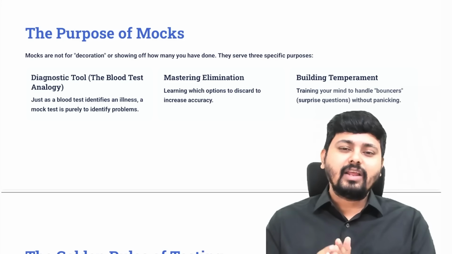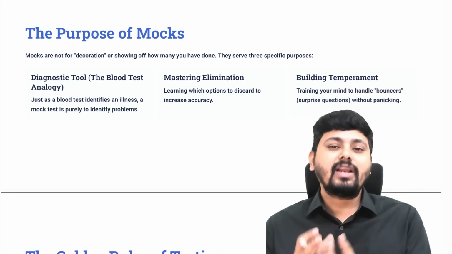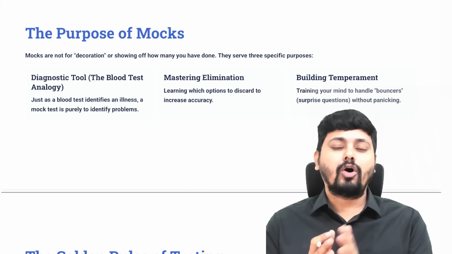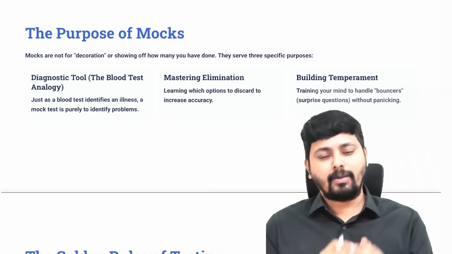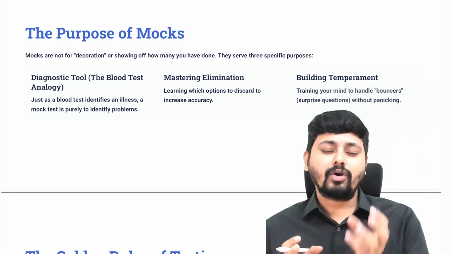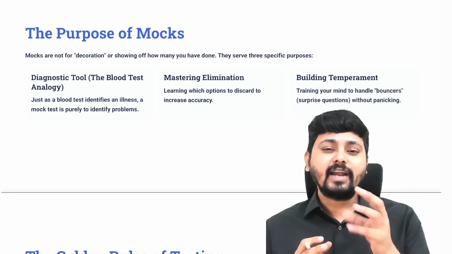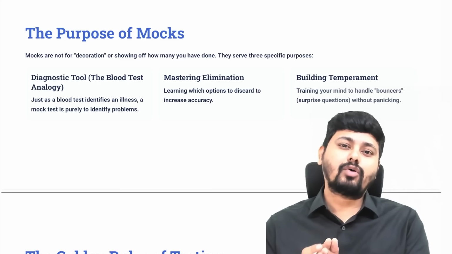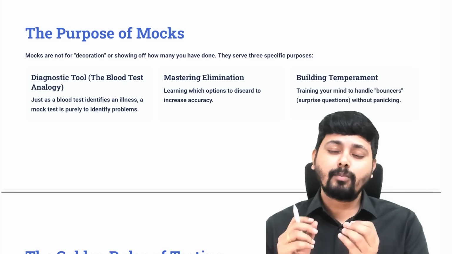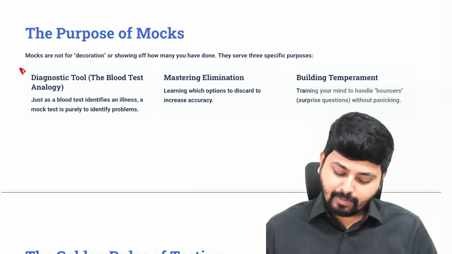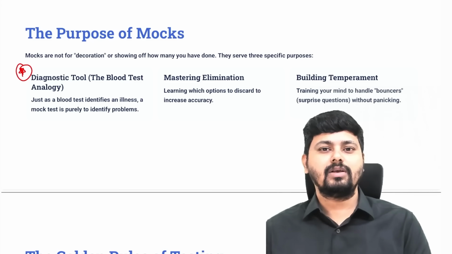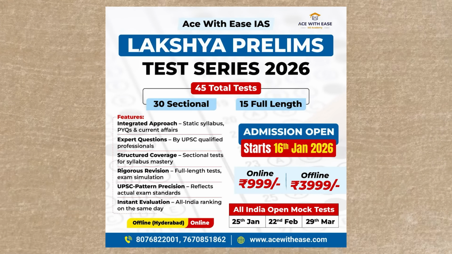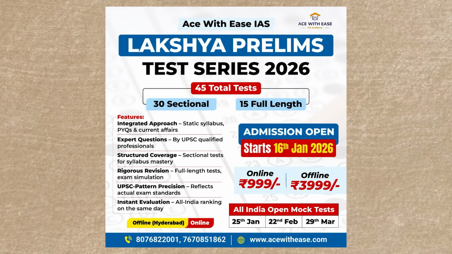Similarly, to find out what is the weakness of your preparation in a particular subject or overall in the complete full test, what is your weak area? Identifying the exact area is the key purpose of any test. This is the prime purpose you will be noticing. So why are we giving the test? The purpose is it acts as a diagnostic tool.